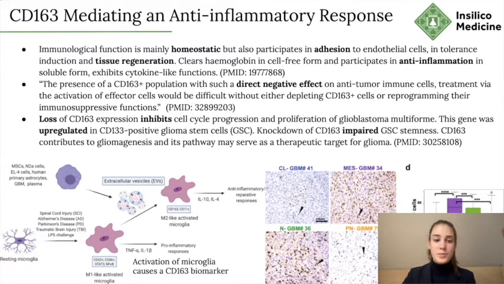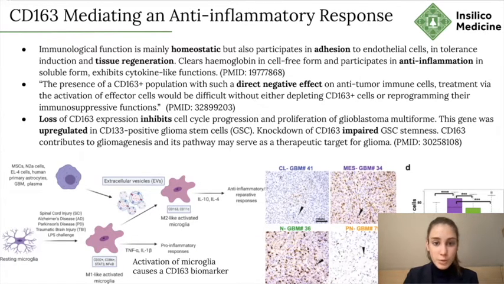However, it also takes part in adhesion to endothelial cells, tolerance to induction, and tissue regeneration. CD163 loss inhibits cell cycle progression and proliferation of glioblastoma, as the study showed. And the same investigation noted that knocking down CD163 impaired glial stem cell stemness. We agree that this pathway may serve as a therapeutic target for glioblastoma.